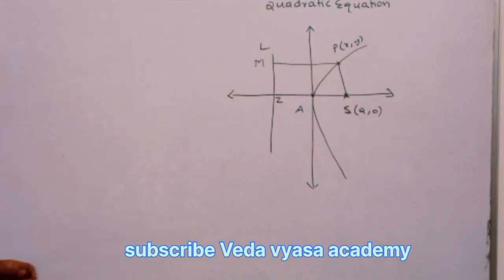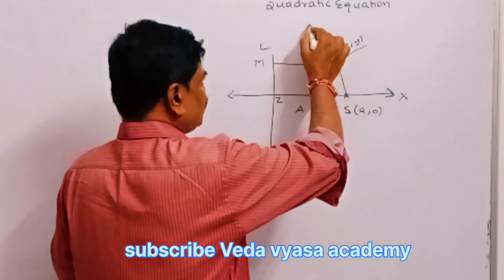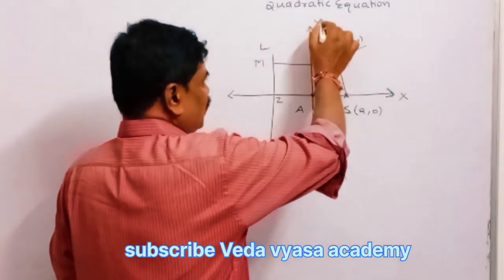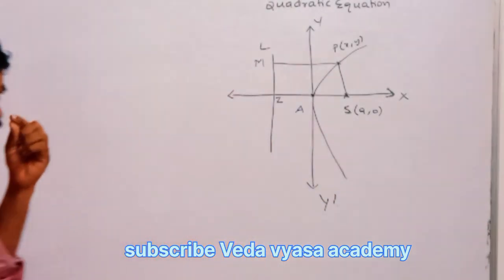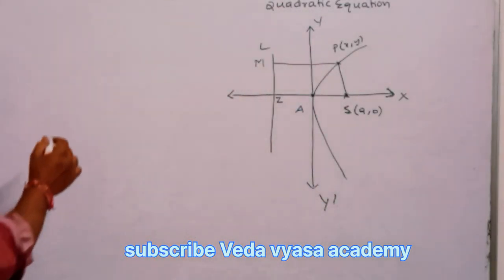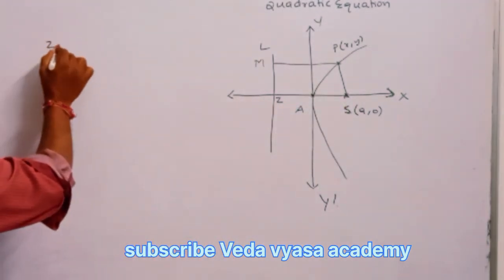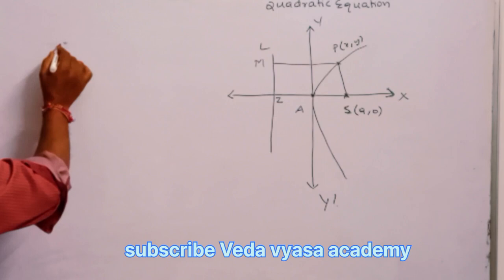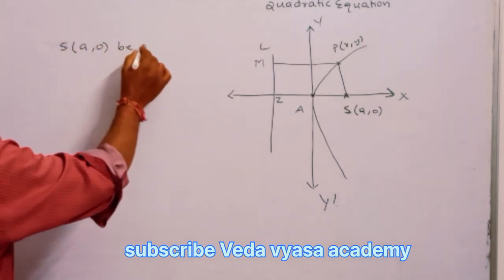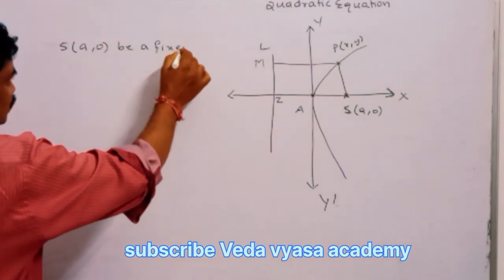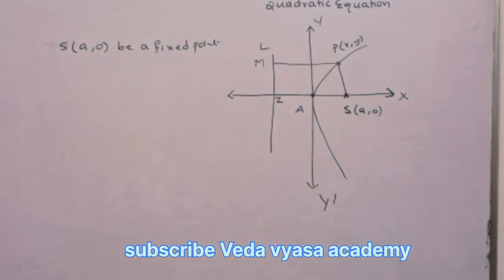Here this is AX, this is AY, AY dash. Let S(a, 0) be a fixed point.